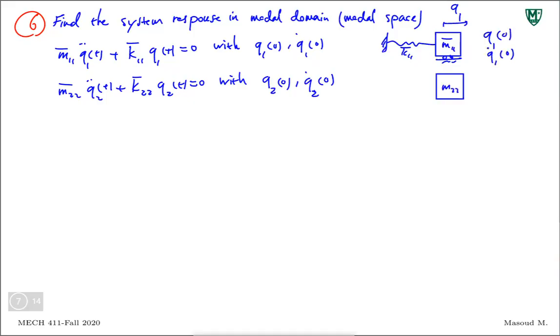For the second system, you have M22 bar, K22 as the stiffness, and the coordinate is Q2, so Q2 and Q2 dot, initial displacement and initial velocity. Solving the two systems gives you Q1(t) and Q2(t).